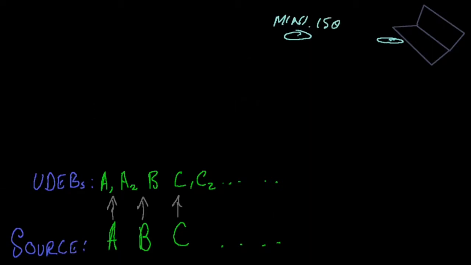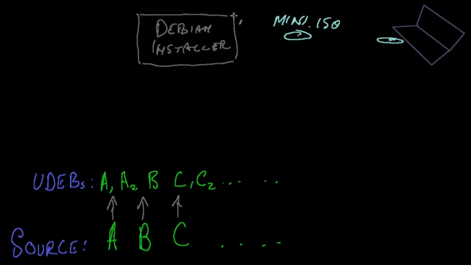It's built by debian-installer. debian-installer is actually the name of one of the repositories in the debian-installer cloud of repositories, and what it does is it downloads udebs normally from the normal Debian repository.